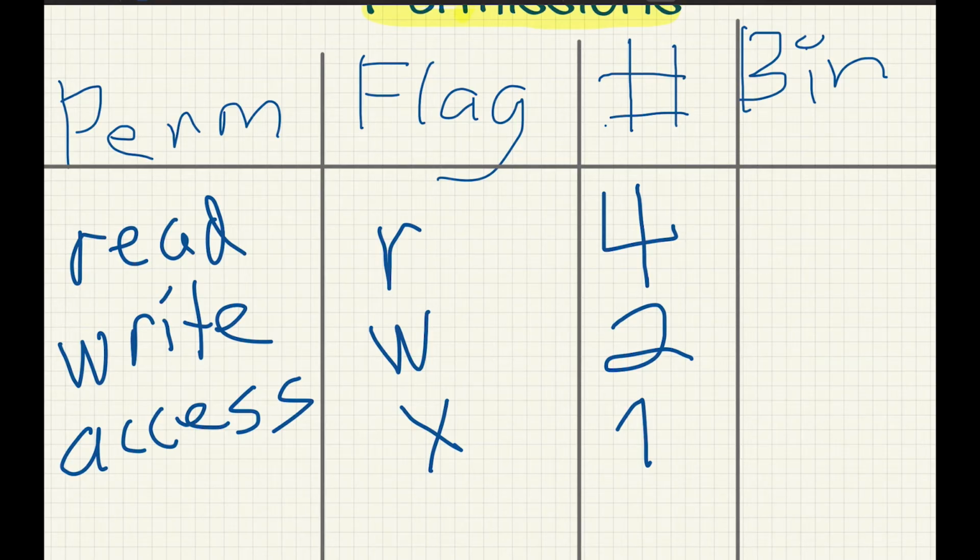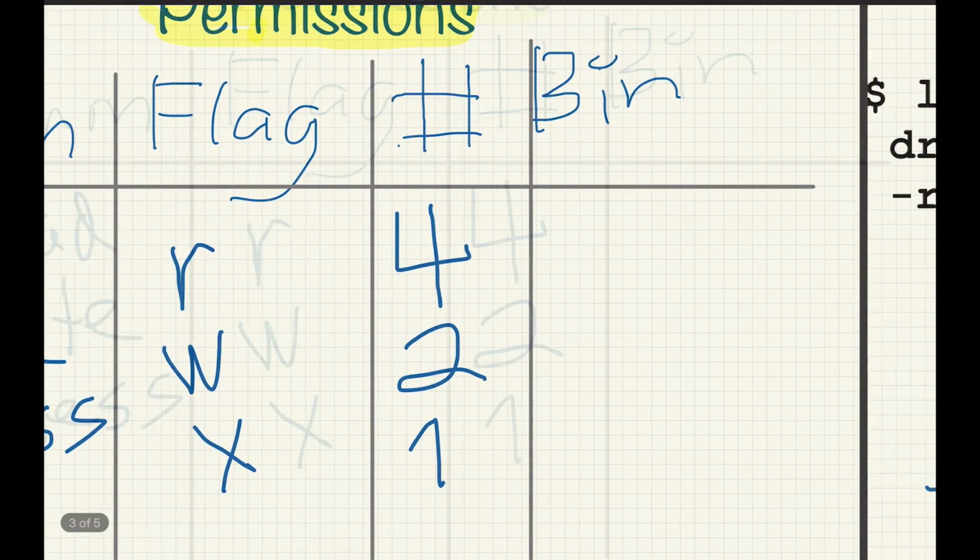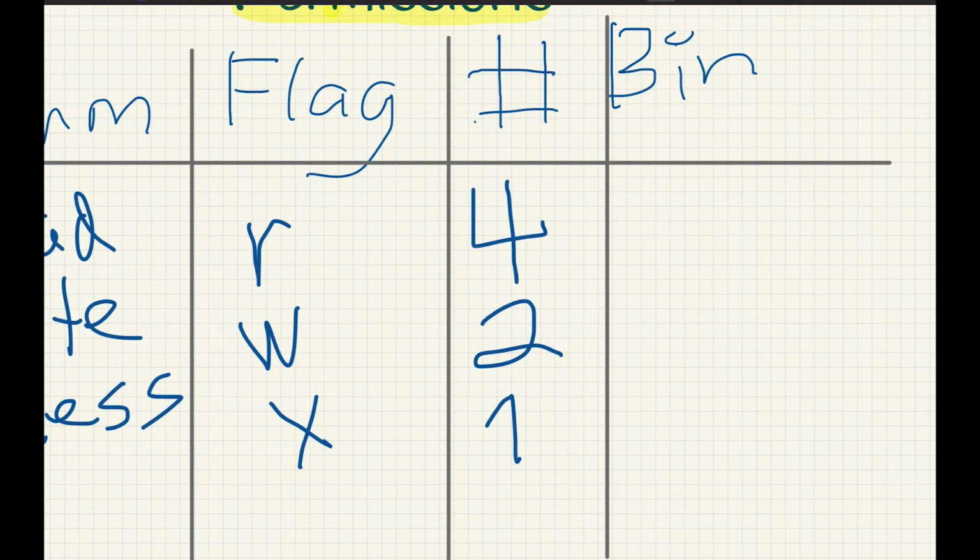But I also want to talk a little bit about their binary representation. So let me just scroll a little bit. Okay, so why are we talking about binary? That is because I want you to understand how this system is constructed. It's a very, very intelligent system, which is based on those flags.